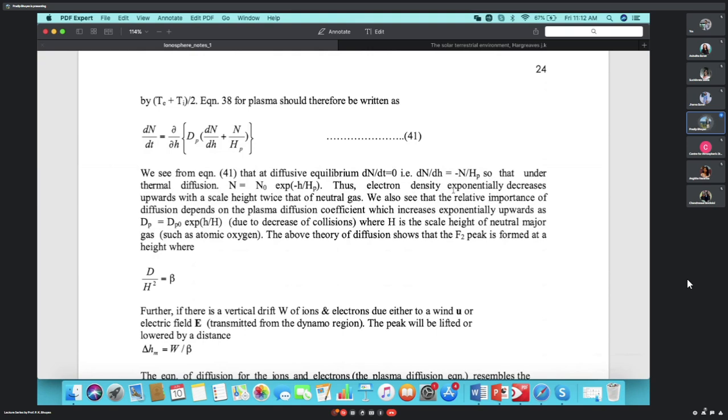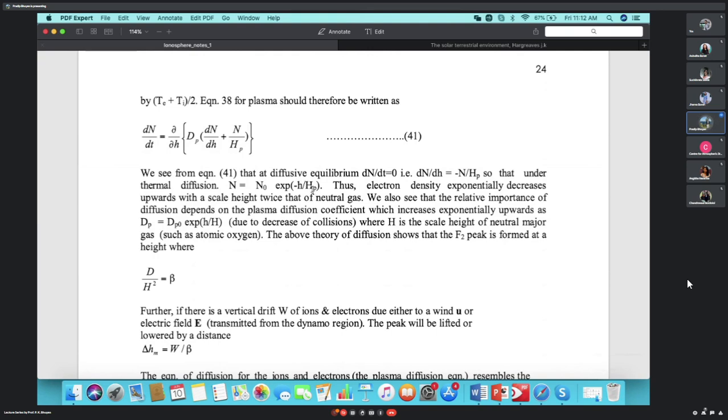Therefore, your electron density, because here in H_p also you have twice that of H. H_p is equal to 2H, D_p is equal to 2D. In the exponential term, this decrease will be twice as fast.